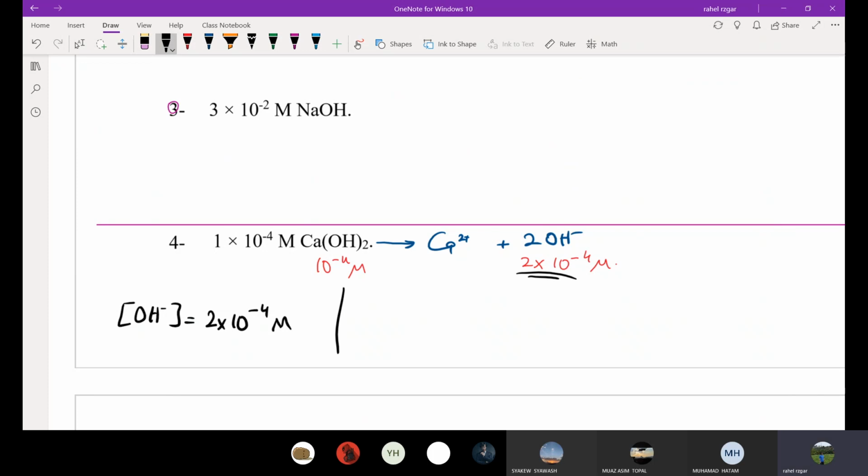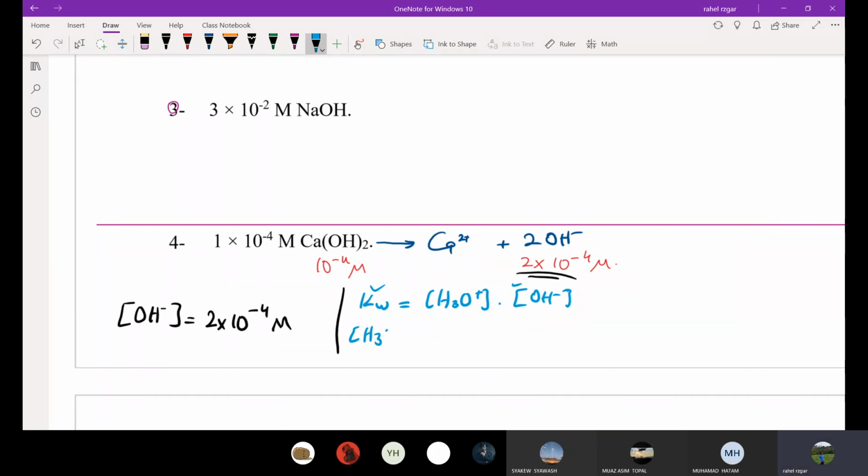If you want to find Kw, then Kw is equal to the concentration of H3O times the concentration of OH. Then what is needed? The concentration of H3O, because we know OH is known, Kw is also known.